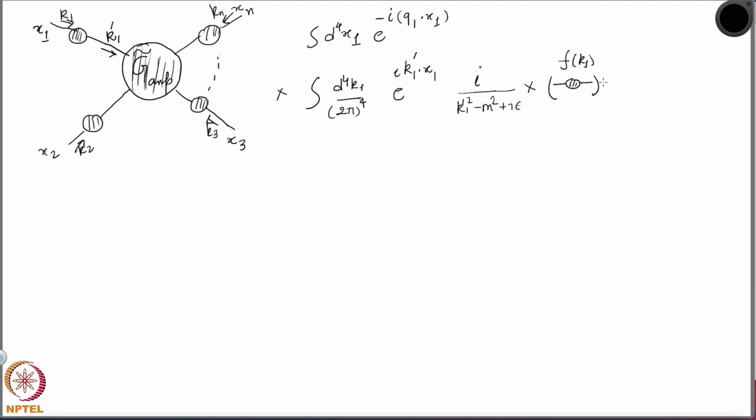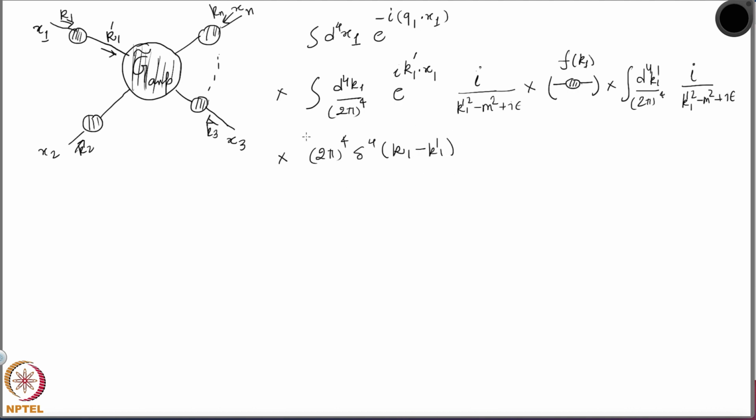So that's why I write f of k1 times the integral d4 k1 prime over 2 pi to the 4, i over k1 prime square minus m square plus i epsilon, times 2 pi to the 4 delta 4 of k1 minus k1 prime.